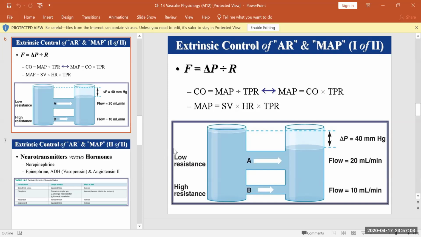Okay, so if you look at the tube A and tube B, so the diameter in the case of the tube A is, you know, obviously larger here than in B. Visibly, you know, obviously smaller diameter than A. Now pay attention here, okay?